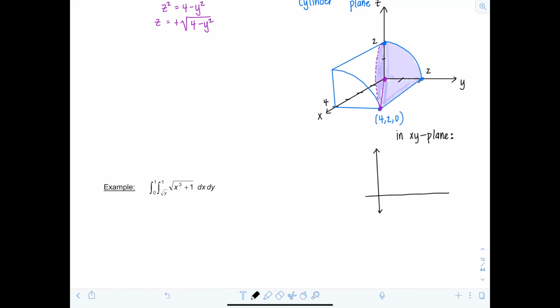Otherwise, you're going to get the wrong volume. So here's x-axis, y-axis, 1, 2, 3, 4. Y-axis goes up to 2. And we know that we have 4, 2 is where they intersect. And did you catch that? Did you catch it, that the triangle is actually the upper half, not the lower half? I hope you did.